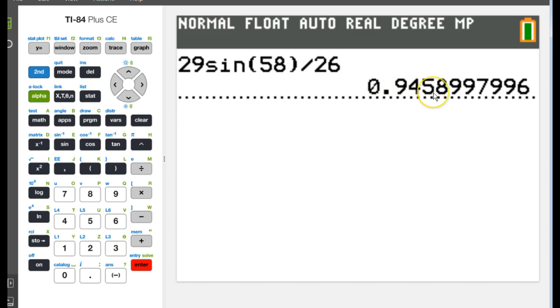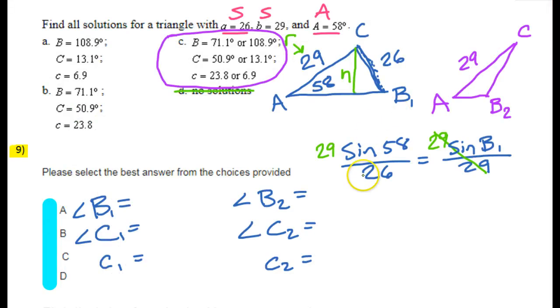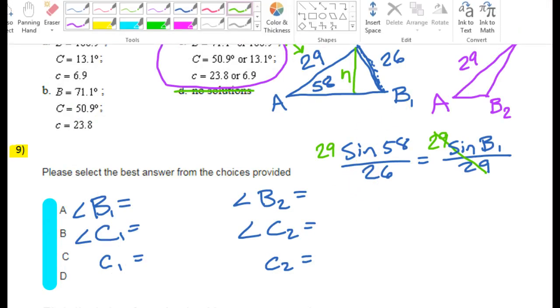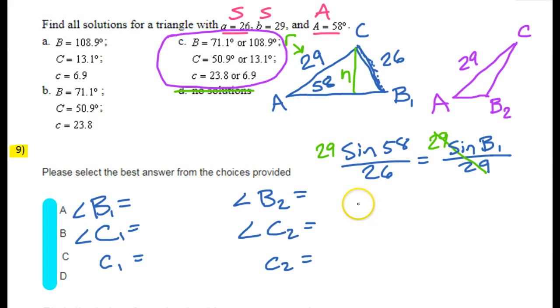Alright, let's go ahead and keep 4 decimals for now. So 0.9459. Got to round up. And that equals sine of B1.